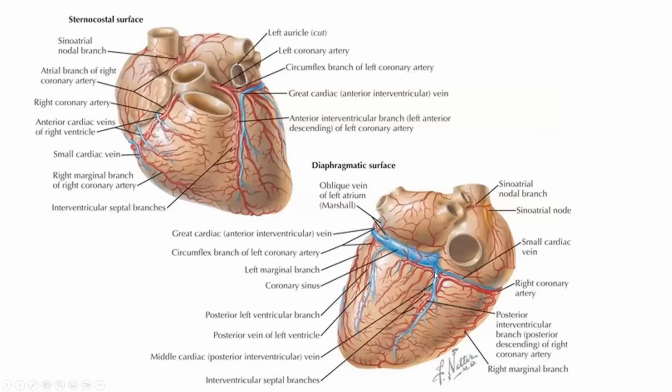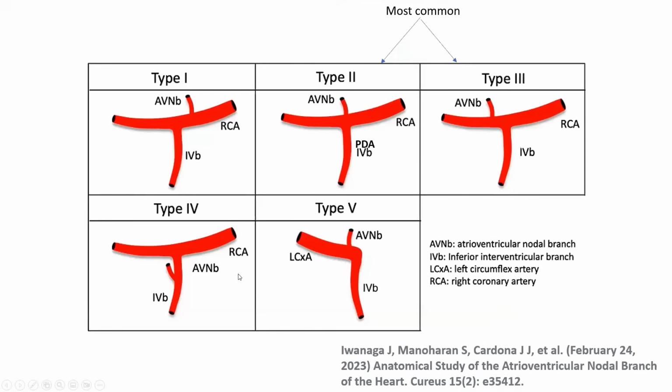When the circumflex goes all the way down, reaches the crux, and gives a PDA, this is the case where the AV nodal branch could arise from the circumflex. Otherwise, it arises from this area of the RCA, around the right PDA. Rarely it comes from the PDA itself, as you can see here.